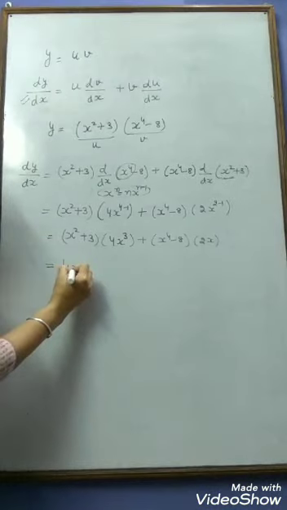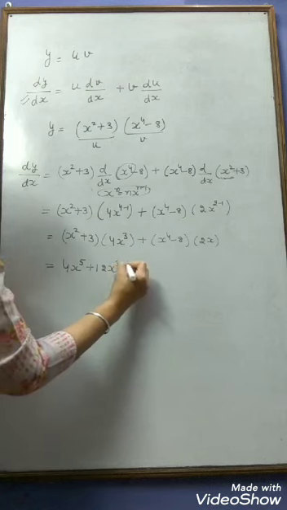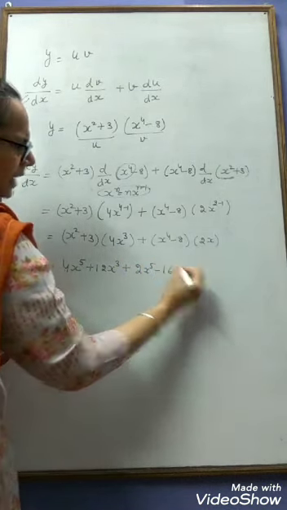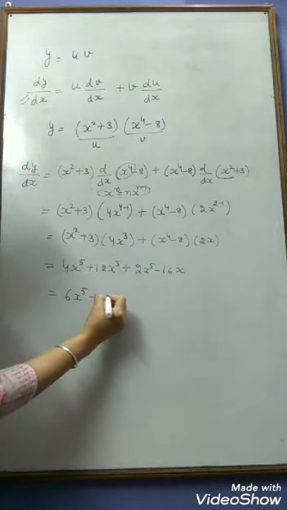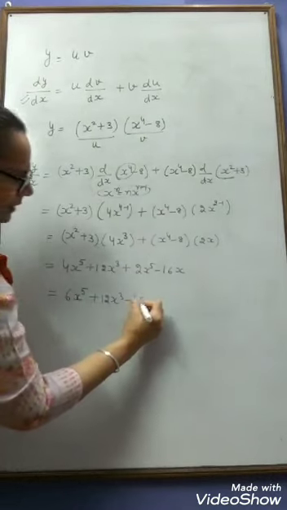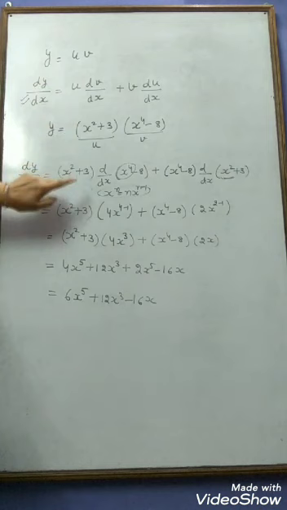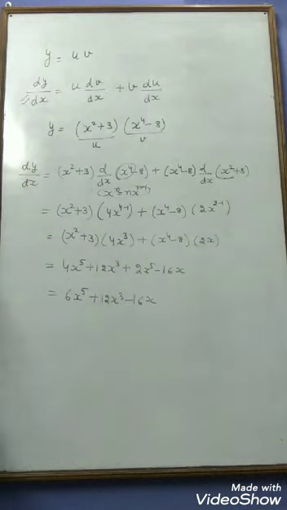Now this is 4x⁵ + 12x³ + 2x⁵ - 16x, and it is 6x⁵ + 12x³ - 16x. This is the differentiation of this term, (x²+3)(x⁴-8). This is the product formula and we use it many times for the derivative of various terms.